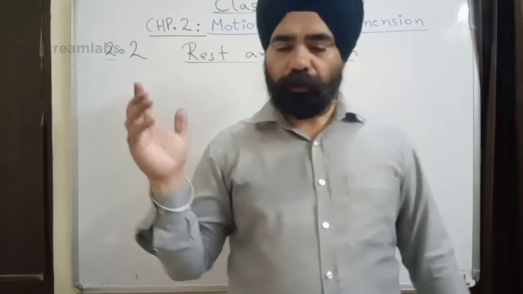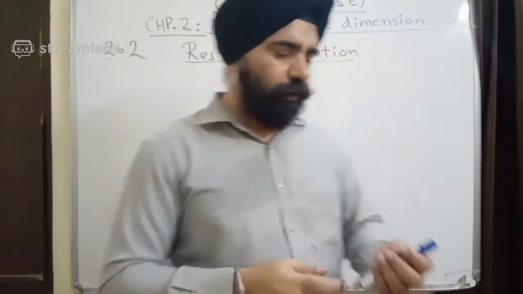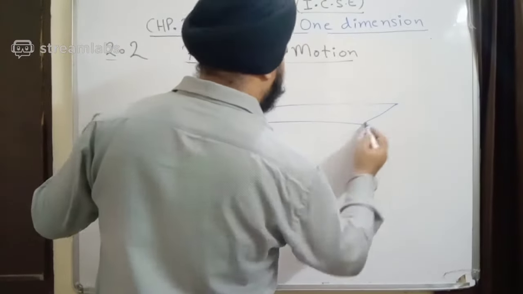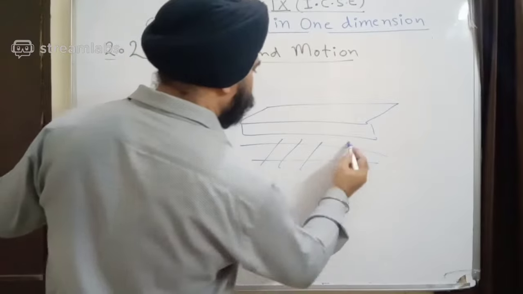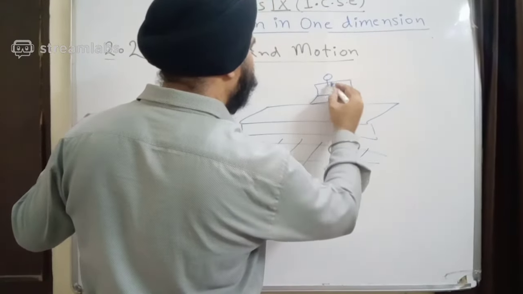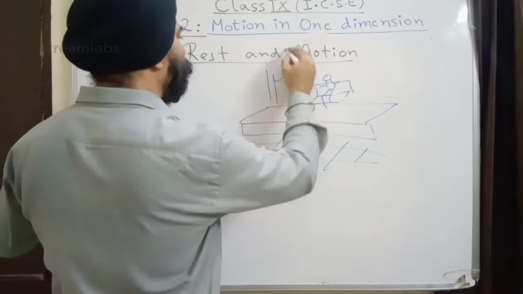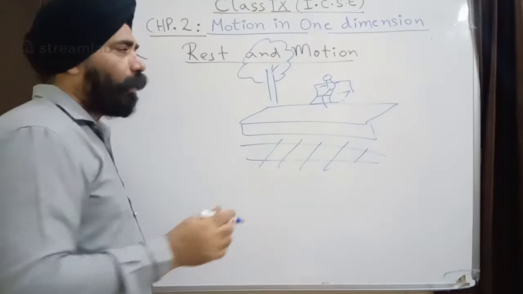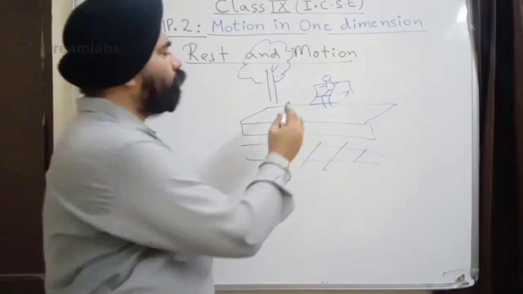Got it? So now we simply understand what is rest and motion by taking the example which is given in your book of a station. I have the platform of a station, I have the railway track over here, and there's a bench over here, and you are sitting on the bench. On the platform you have a tree also. Now when you look at the tree, it is not moving.